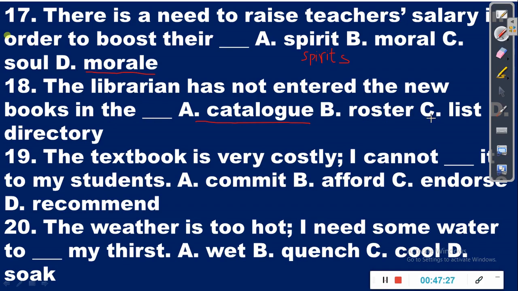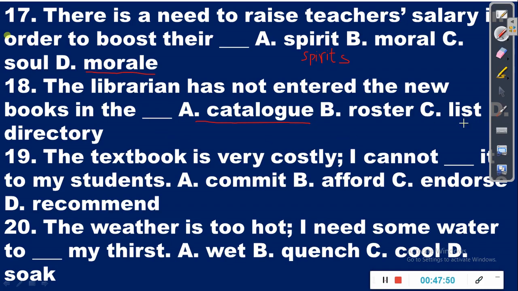All right, so option C is list. A list is a general term, a general name for a number of related items or names. It can be a list of anything, but the word we need here is unique to the library.